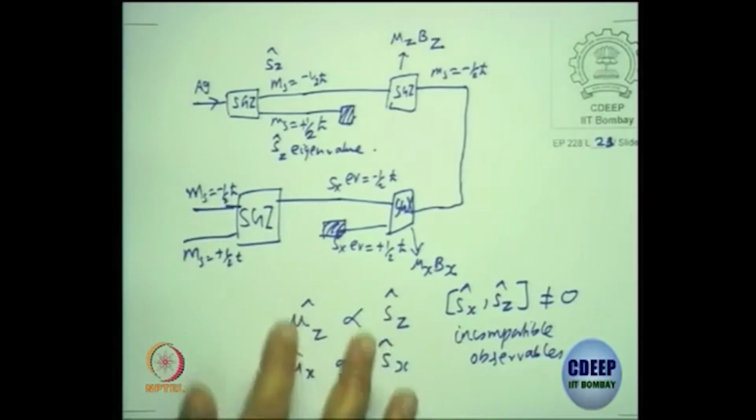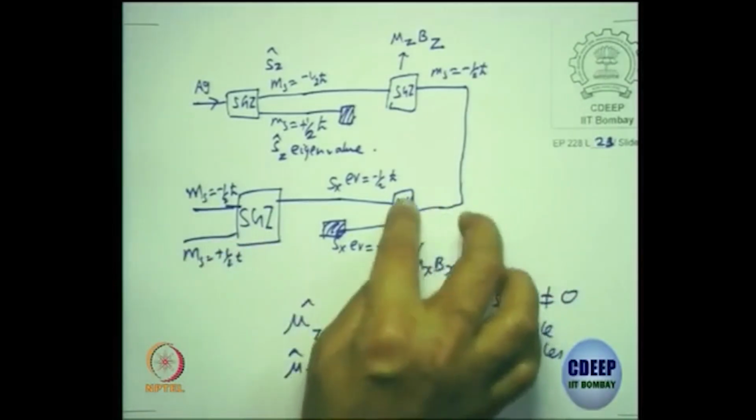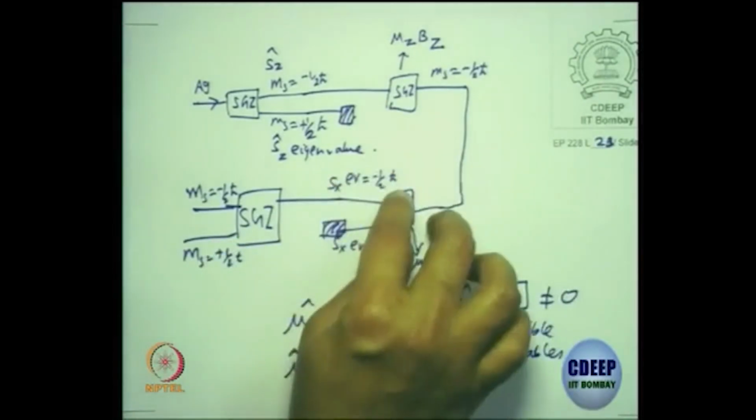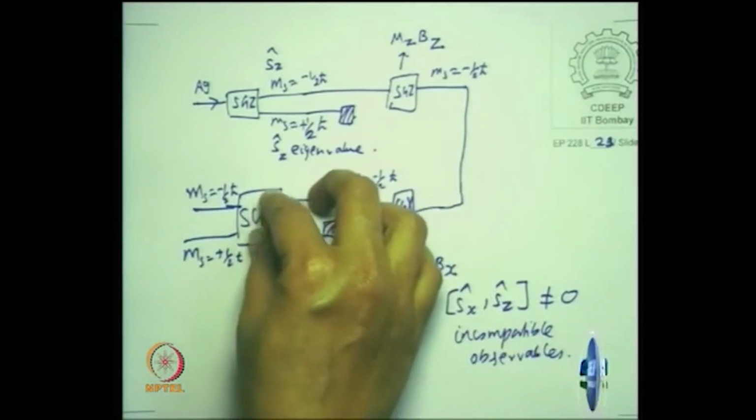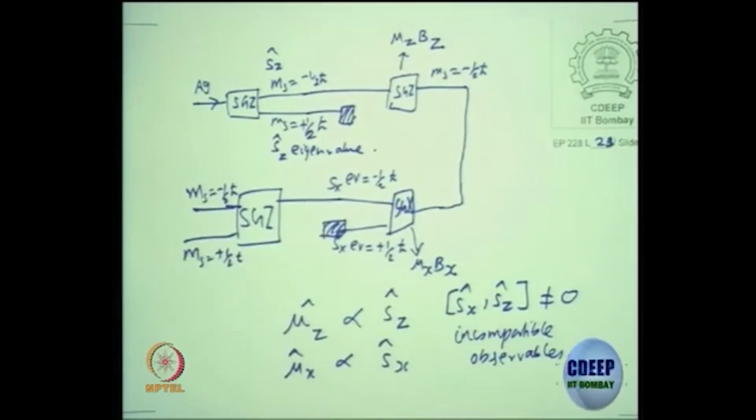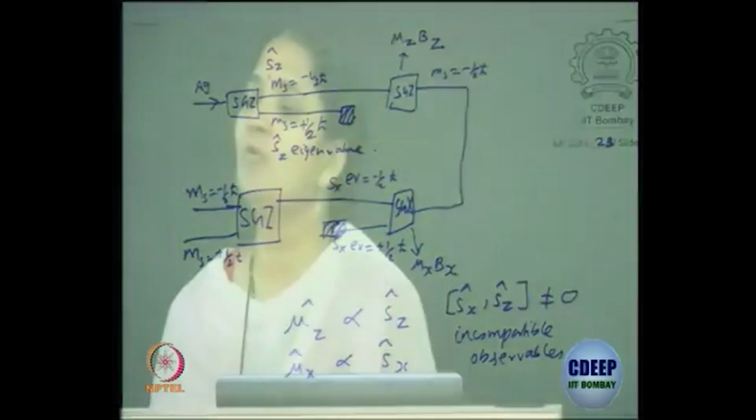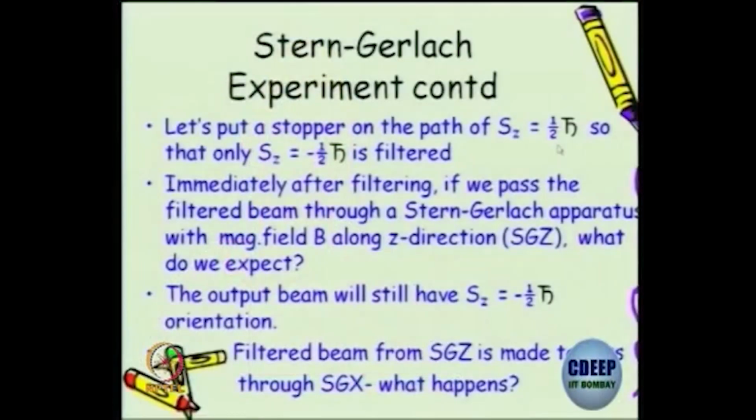But if you do it, you will see that this particular eigenstate of Sx operator, when it passes through the Stern-Gerlach of Y, will give you equal intensities of two beams. So the probability for it to split into the two quantum states of the mu y operator will be equal. Is that clear?